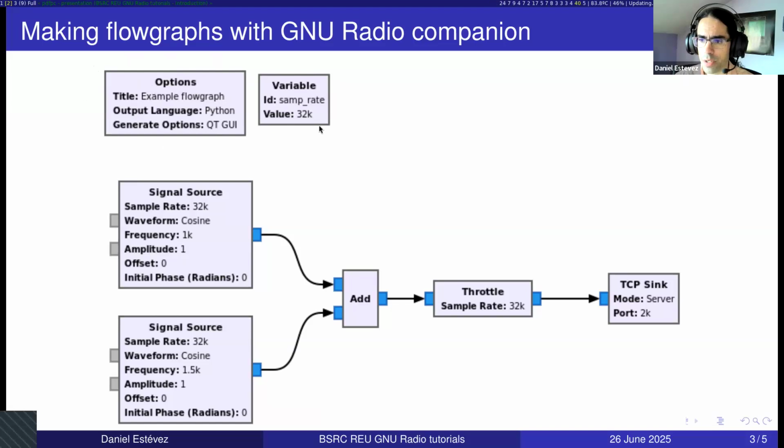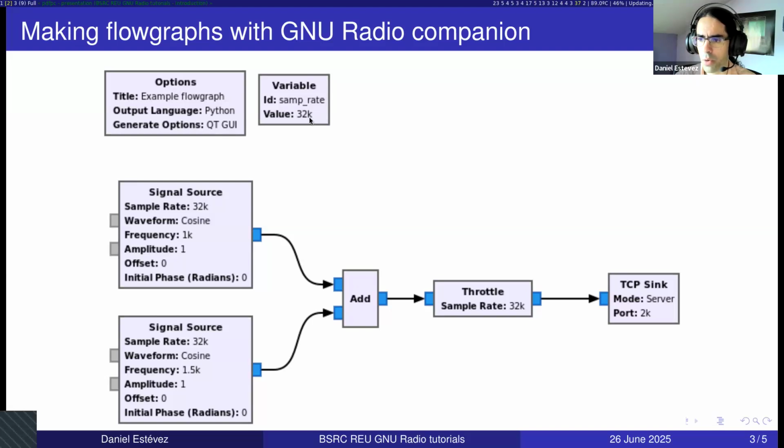We can have variables, and variables are a way to contain either constants, such as numbers that we are going to use repeatedly in the flow graph and we want to put somewhere. It's just a variable, as in any programming language. And they can also contain formulas. So if we need to calculate something, it is good to put a variable, and instead of putting a value, which is a number, this means 32,000.